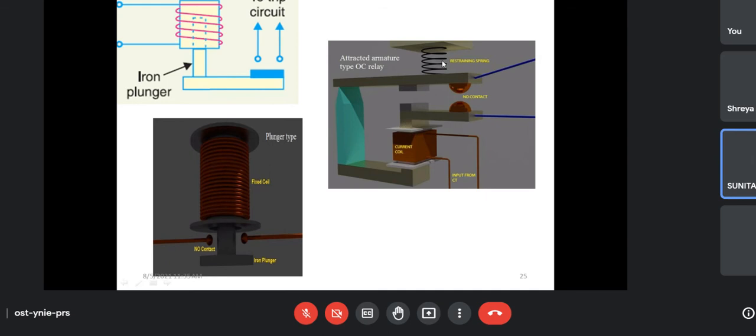Operating torque means the torque for which it will operate. So ideally, under balance condition, on the verge of operation, operating torque should be equal to restraining torque. For no operation, restraining torque should be greater than or equal to the operating torque, is it not? And for operation, operating torque should be greater than the restraining torque.